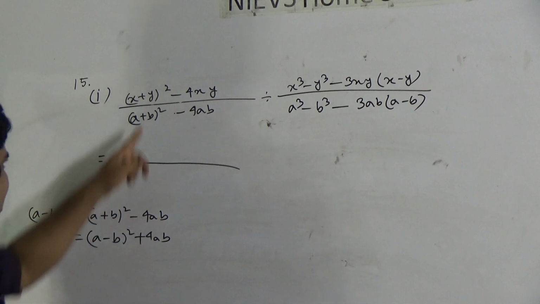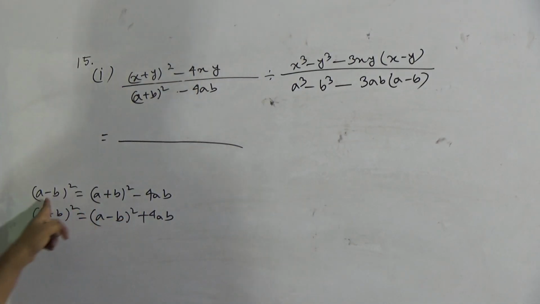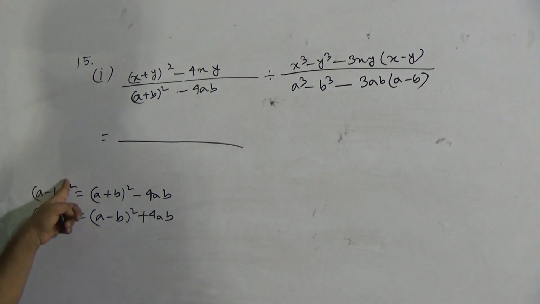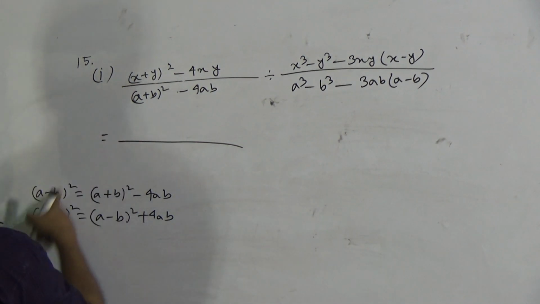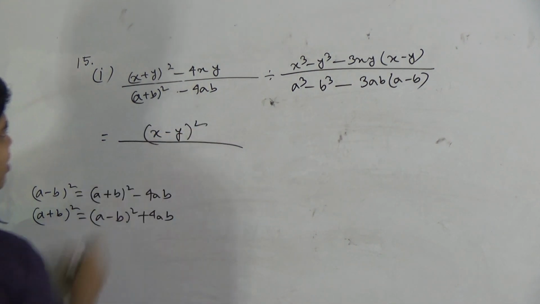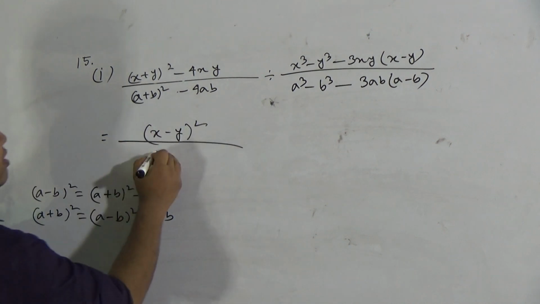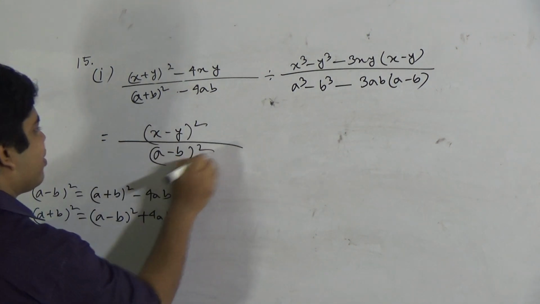Notice (x + y)² − 4xy, that is this formula. From this we can write (a − b)². So here a means x and b means y. So we can write from this (x − y)². On the other hand, (a + b)² − 4ab, so we can write (a − b)².